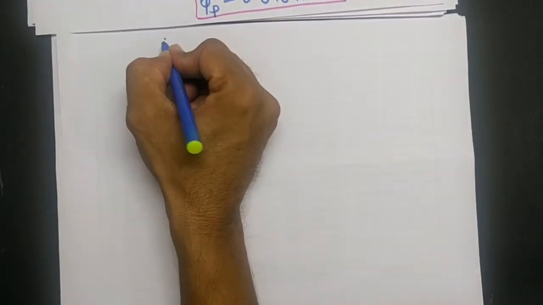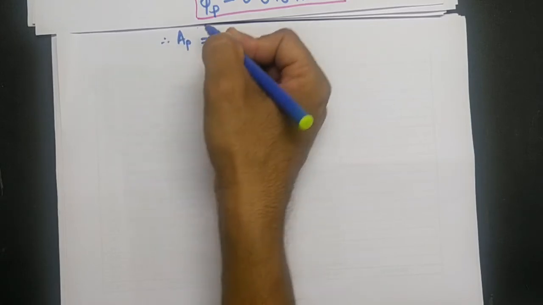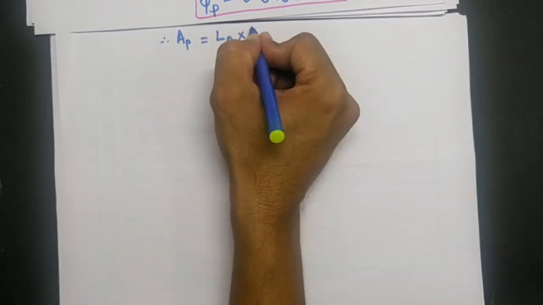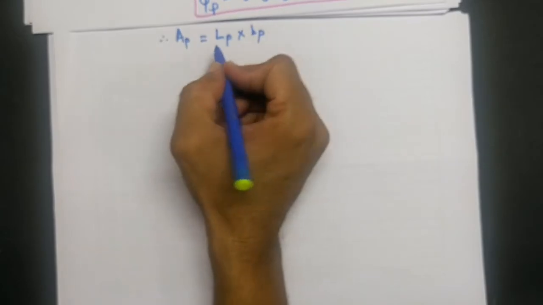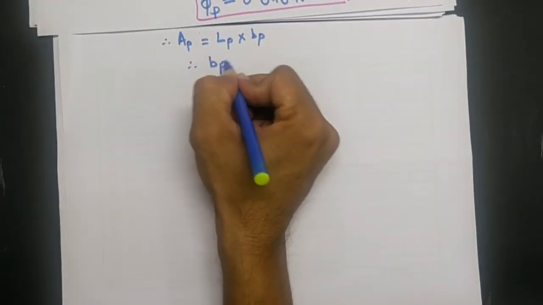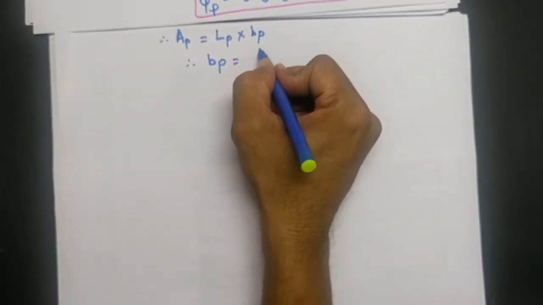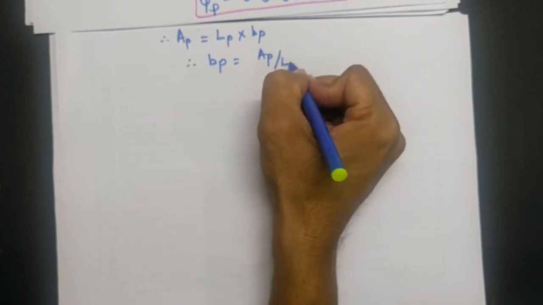AP is LP multiplied by width of the pole, and therefore BP, that is width of the pole, is AP divided by LP.